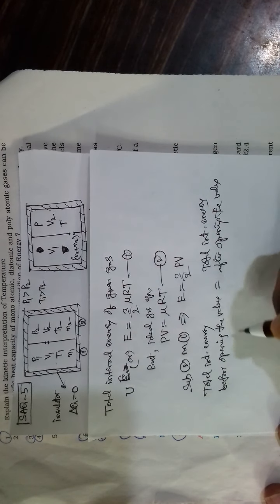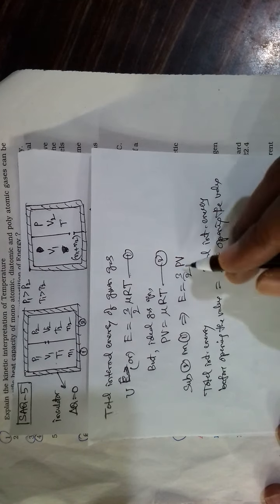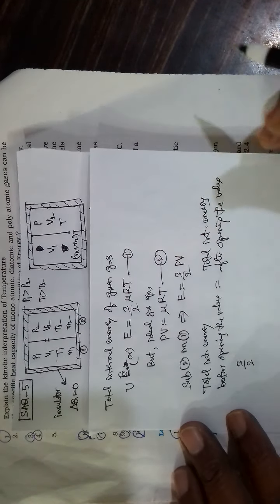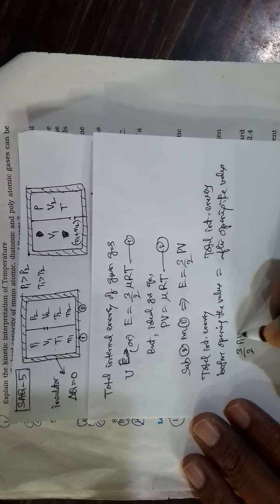So E value means 3 by 2 PV. Here two separate chambers are there. So first let us write 3 by 2 PV for the first chamber: 3 by 2 P1 V1 plus, for the next chamber, 3 by 2 P2 V2. This is before opening the valve.